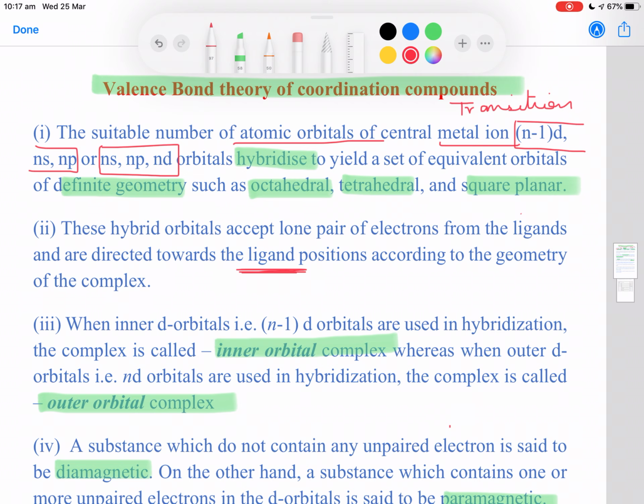So based on the ligands, whether the ligand is strong field or weak field, which I will be discussing in this video itself, we will understand what exactly is meant by strong field and weak field ligand. So I repeat, based on the nature of the ligand, whether the ligand is strong or weak, the participation of atomic orbitals is taken into consideration.